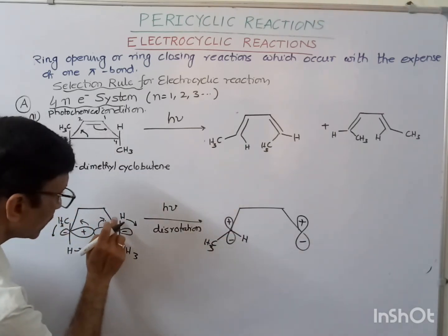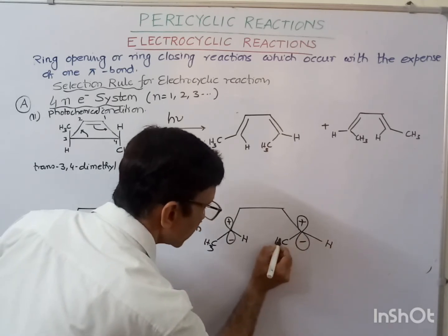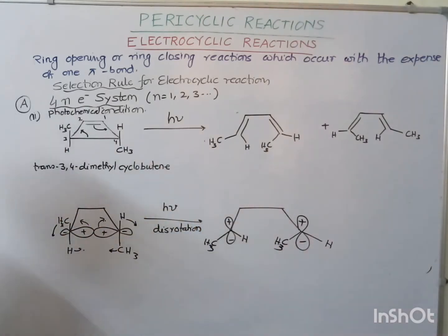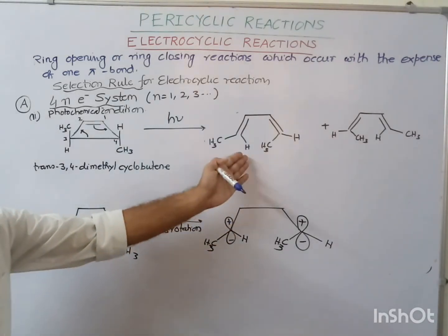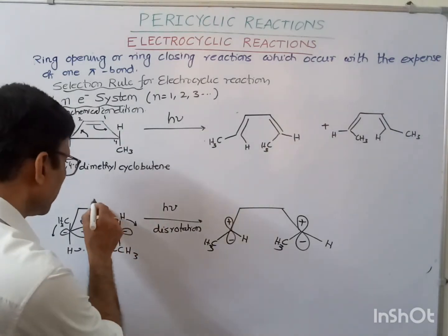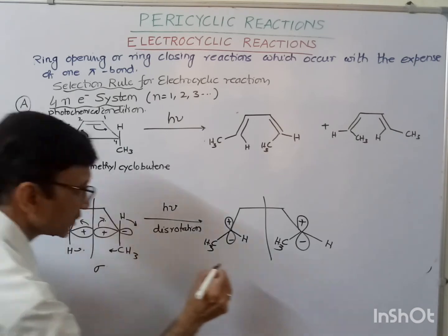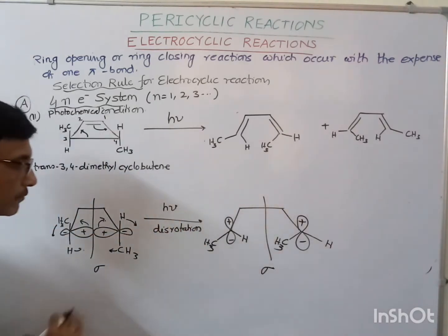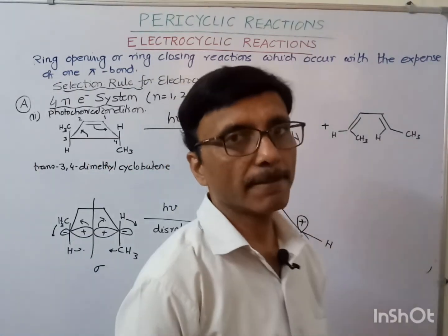In the same way, here hydrogen is coming outside and CH3 is coming inside. So this is a product which is only obtained when disrotation of orbitals occurs, and during disrotation you can see the mirror plane symmetry is maintained. Sigma is maintained in both reactant and product.